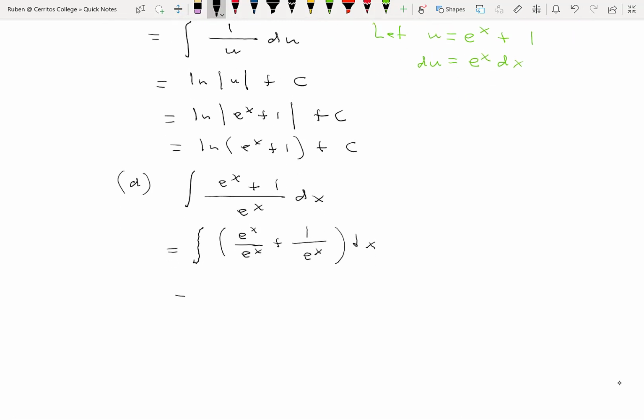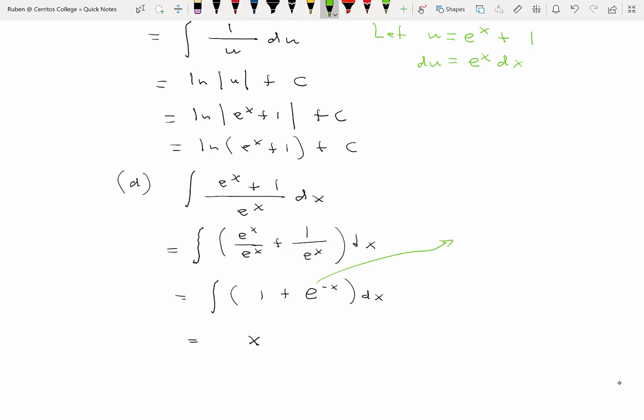Okay, so now we're really just integrating 1 plus 1 over e to the x, which is e to the negative x. The antiderivative of 1 is x. What about e to the minus x? Well, let's take that out separately.